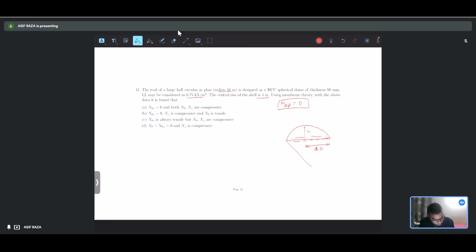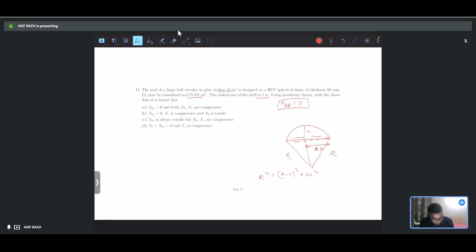If you want to calculate the radius of curvature, using Pythagoras theorem, R square is equal to (R minus 4) whole square plus 10 square.